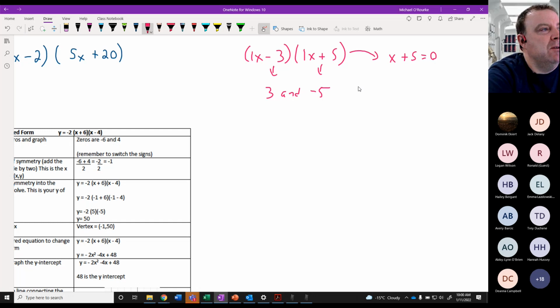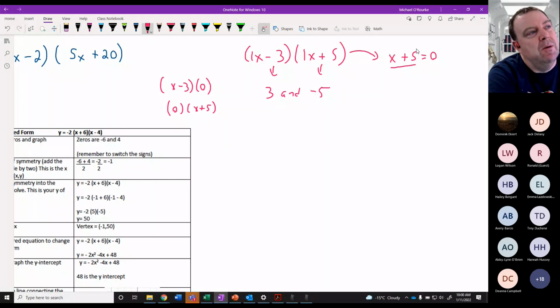because what we want is one of these brackets to equal 0. Either the first bracket, we want that to happen where this one equals 0, or we're trying to make this one equal to 0. So that's why we're trying to make this equation here equal to 0. And we solve for it. We move that over, it's a plus on this side of the equation, it becomes a negative.